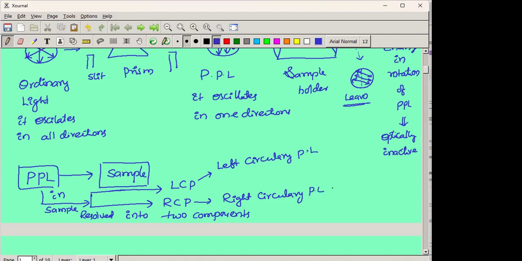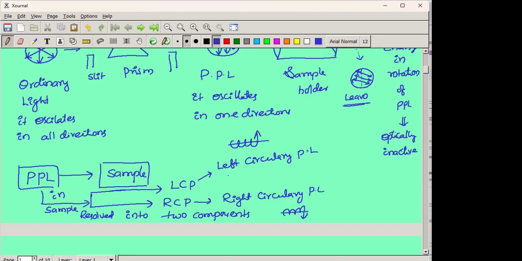So the two are left circularly polarized light and right circularly polarized light. Like this, RCP and LCP.